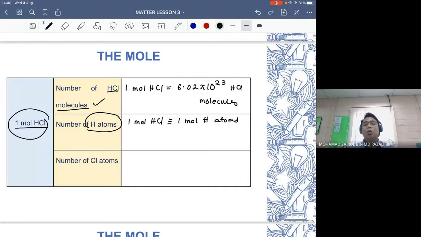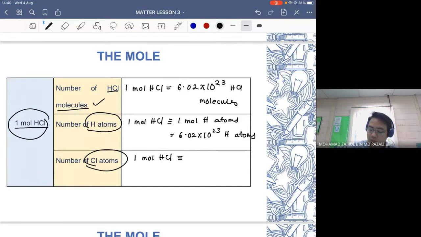We know that 1 mole of anything, substance, atom semua must equal to the Avogadro number, and the unit is hydrogen atoms. Okay, same goes with Cl atom. We still can use the ratio. So 1 mole HCl is equivalent to 1 mole of chlorine atom.